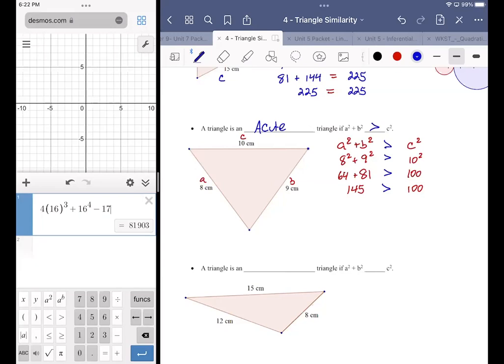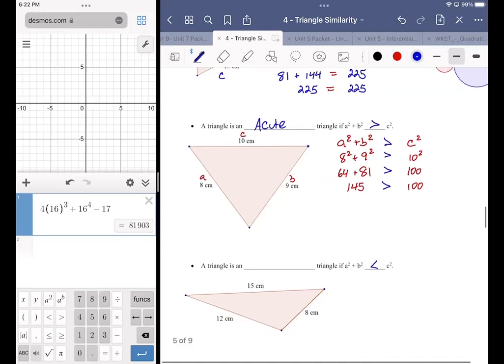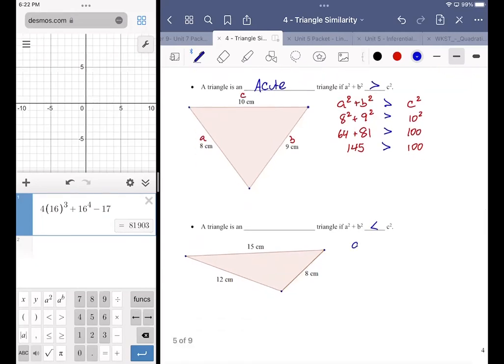So a triangle is a right triangle, or acute. I mean, that would only leave obtuse, and that would only leave a less than symbol. But let's play it out here. So a squared plus b squared, c squared, right? The longest side is your c, the shortest side is the a, and your b. But again, a and b are interchangeable, so it doesn't matter.